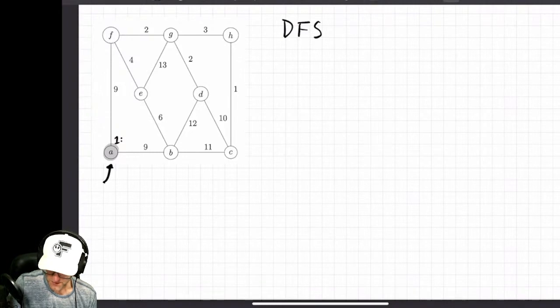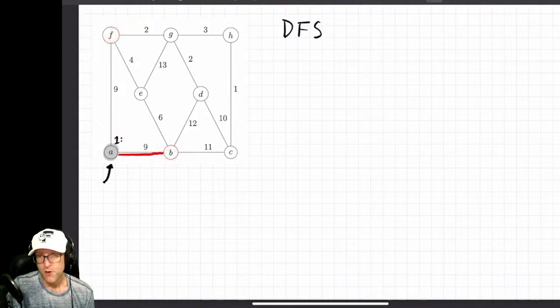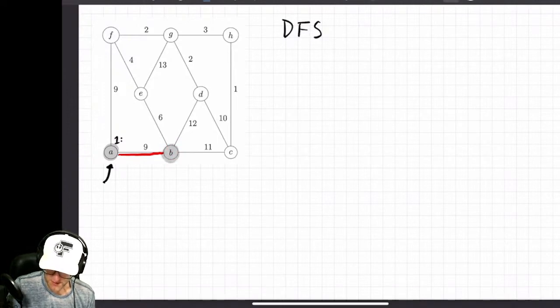We haven't finished with it yet. But I will go ahead and also mark the tree edges if you wanted to draw the entire DFS tree. We're going to go to B next. Why do we go to B? Well, we've got this neighborhood here, and it's connected to B and F. But if we're going to go in lexicographic order, B comes before F. Okay? That has now been discovered at timestamp 2.